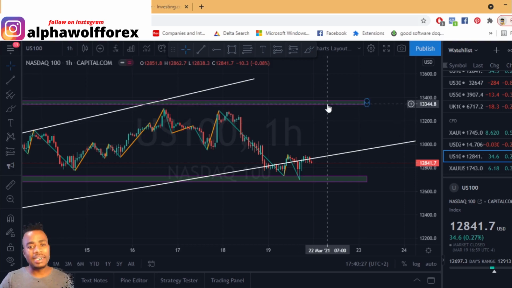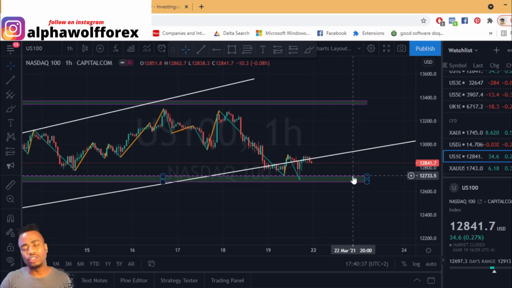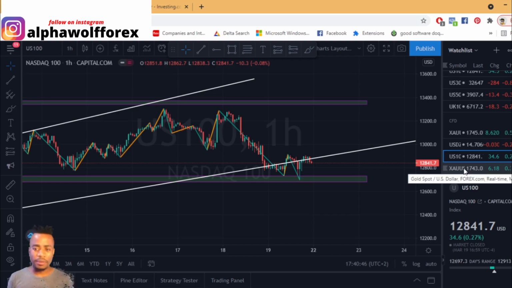Once the market breaks this region, we do know that we're going to have a long-term bias, a long-term upward movement. But if it fails, then the market will drop and will eventually break this level. That's what we're looking at for the entire week, which we will confirm when the market finally opens.